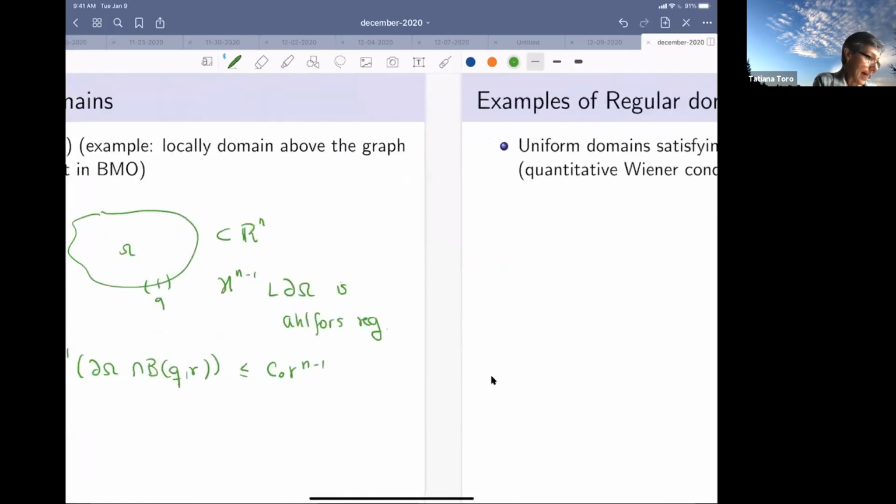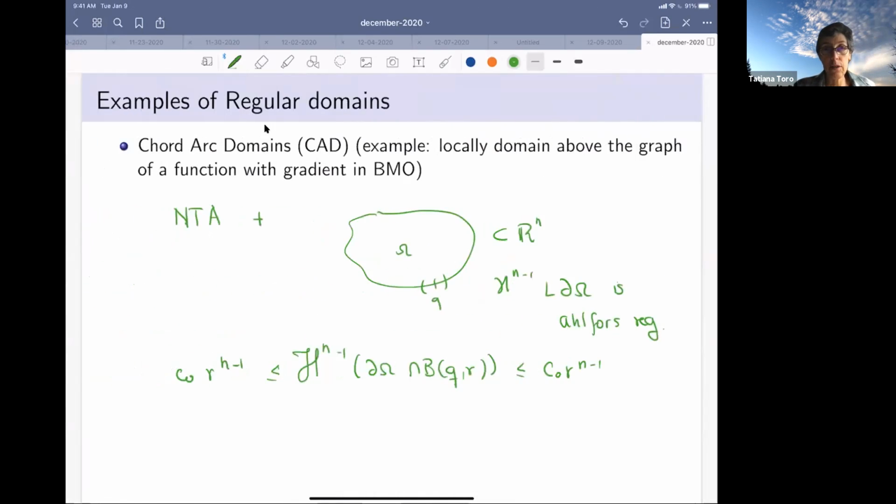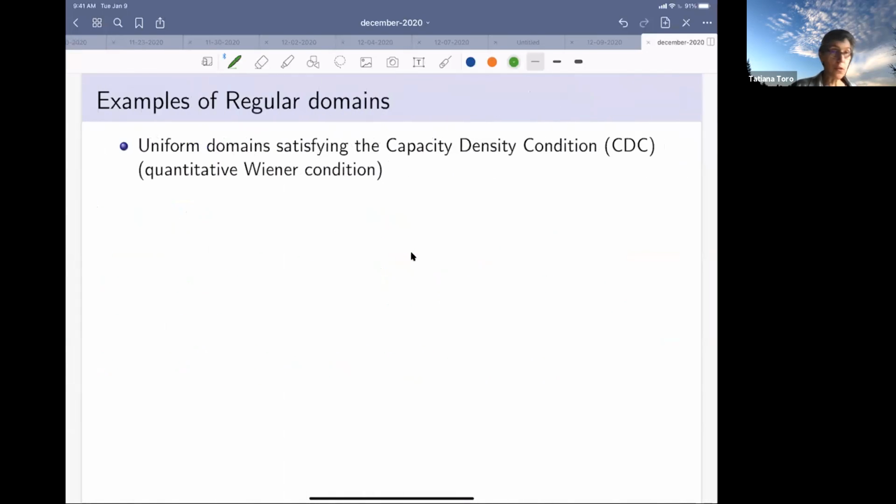Let me go back just for the experts. Up to now, all these domains, well, not the NTA domains, but the chord-arc domains, have uniformly rectifiable boundaries. Now I want to talk about uniform domains satisfying the CDC condition. So what is that?